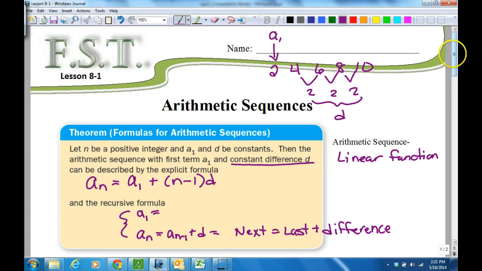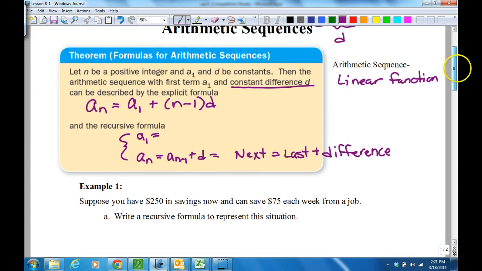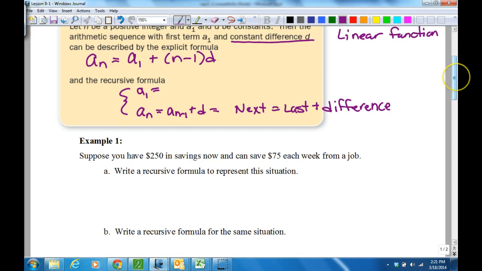Okay, so first example. Suppose you have $250 in savings now and can save $75 each week from a job. This is a typo. It should say explicit. Write an explicit formula to represent this situation. So my A sub 1 in this case is what? 250.